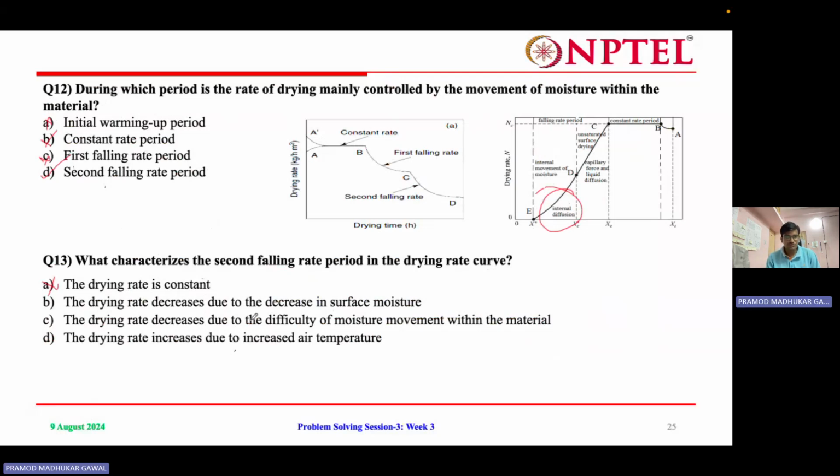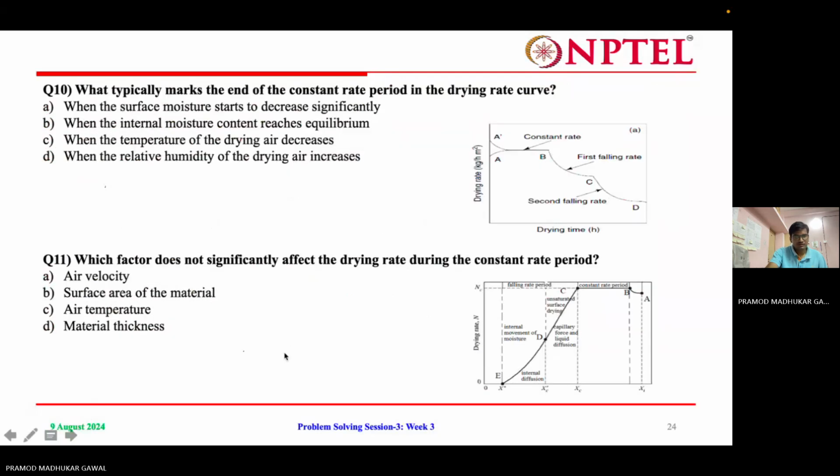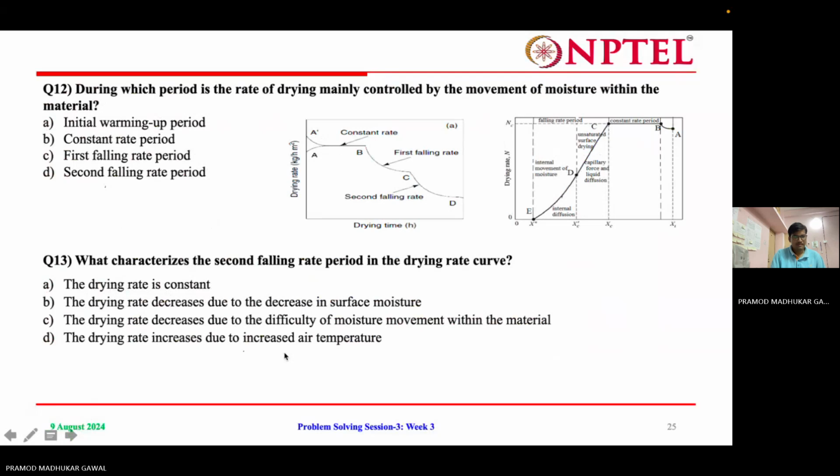Option C, the drying rate decreases due to the difficulty of moisture movement within the material, so this may be possible. The drying rate increases due to the increase in the temperature. So option C is correct. The drying rate decreases due to difficulty of the moisture movement within the material. So this one is not possible.